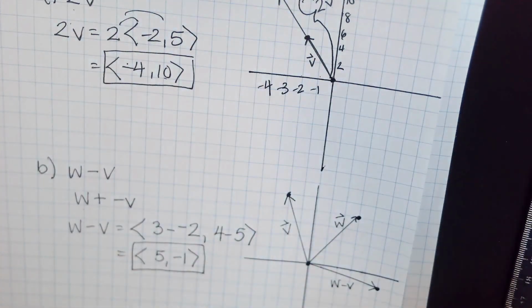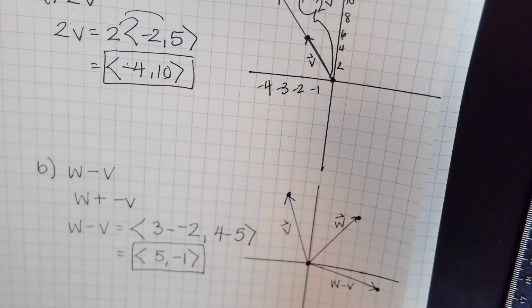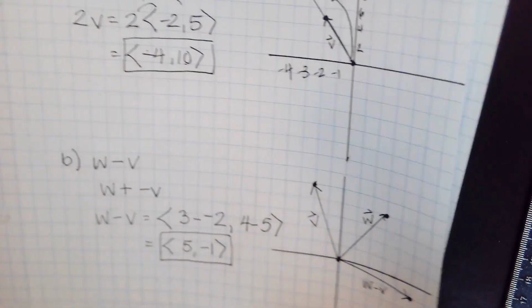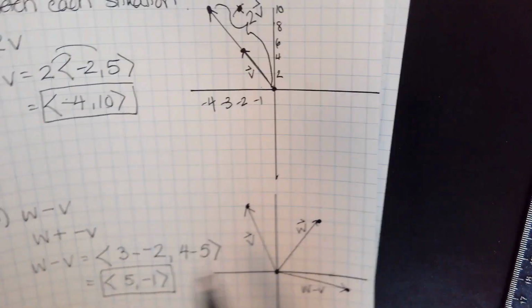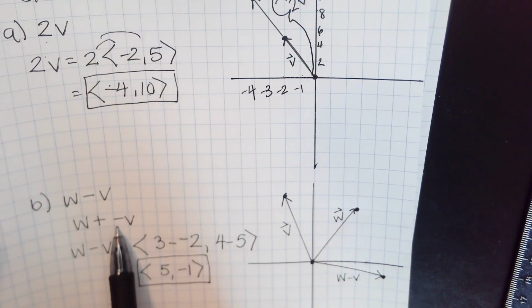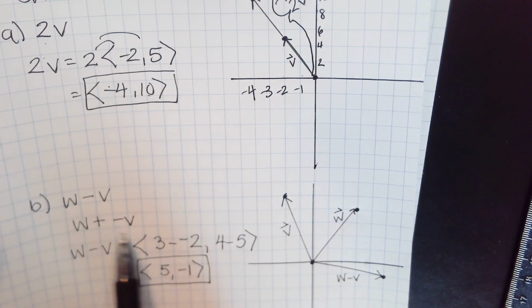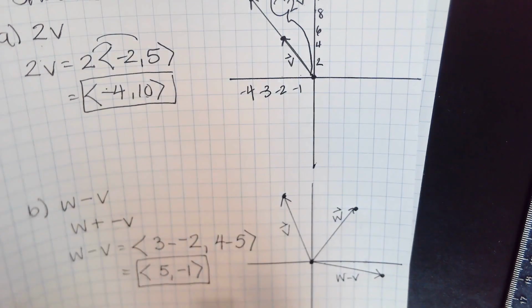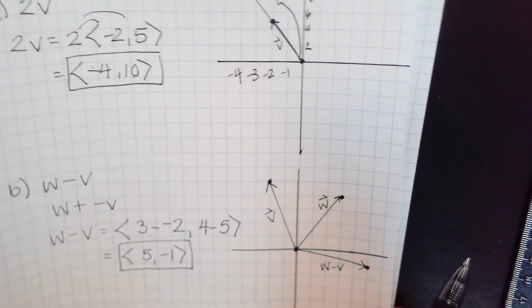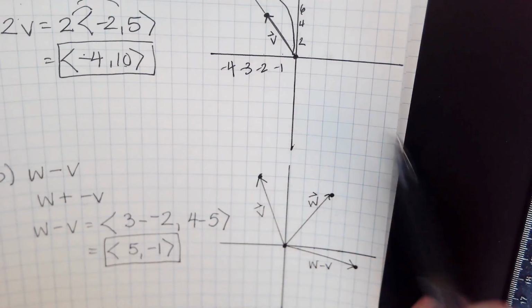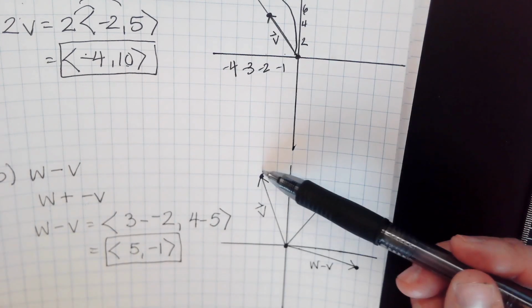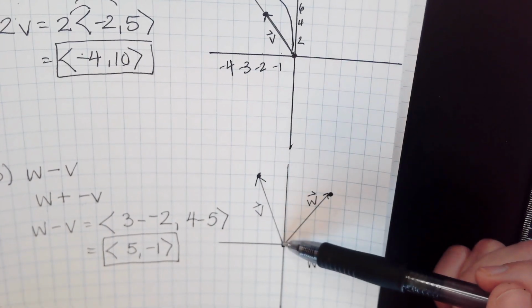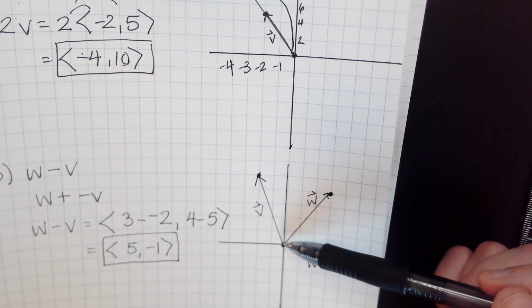So for that one, to get it set up into your addition, tip to tail, you're taking the negative value of V, or multiplying V by -1, which is going to switch the direction that V goes in. So I'm going to switch the direction, and I'm also going to shift it over. Like I said before, equivalent vectors just mean it has to have the same direction. In this case, we're going to take the opposite direction and the same length.